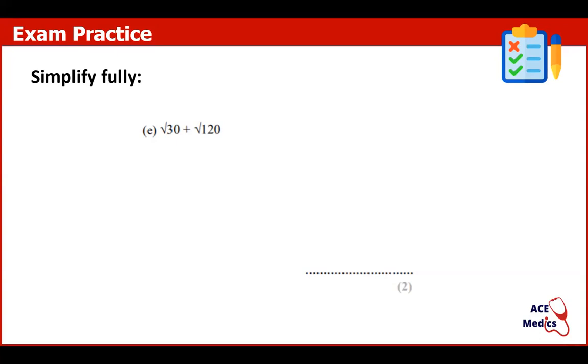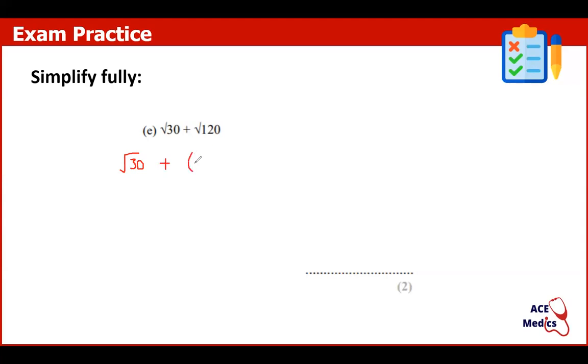Cool. Okay, so root 30 then is going to be split up into, what could we have? We could have 10 and 3, but that won't really get us anywhere. Nothing really goes into root 30 other than that. So let's leave it as root 30. Root 120, what could we have?